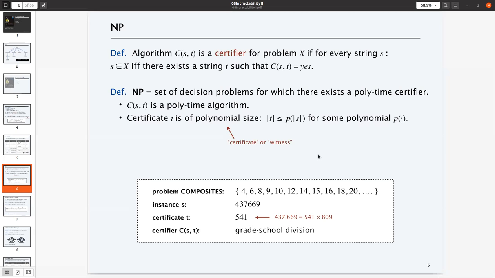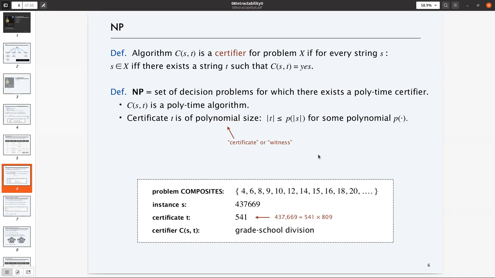What can be a certificate for that? What do you think? A boolean, true or false? Okay, no. I am asking that your input is that number, and you want to know if the number is composite or not.